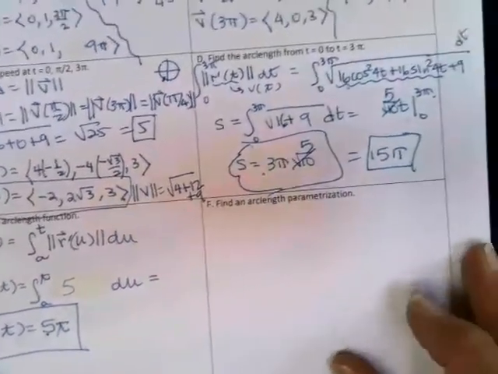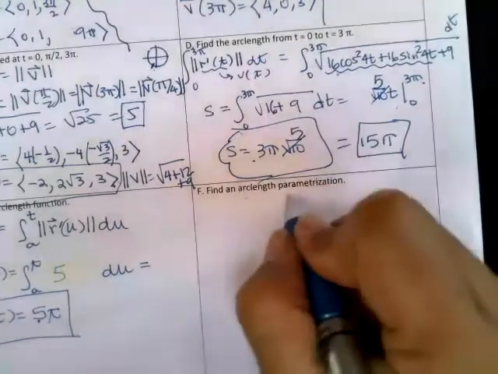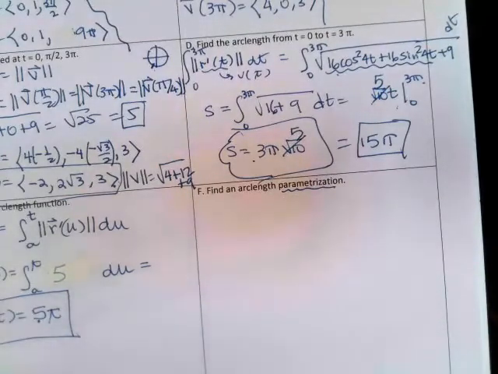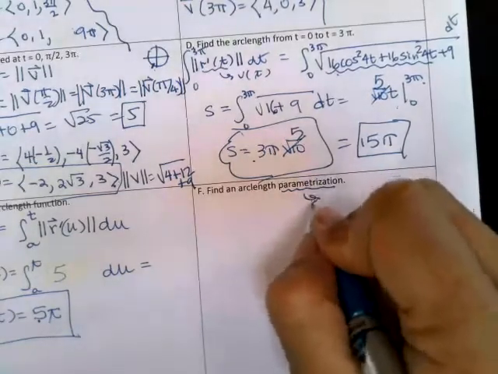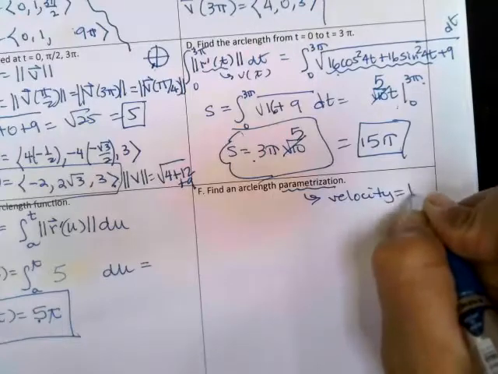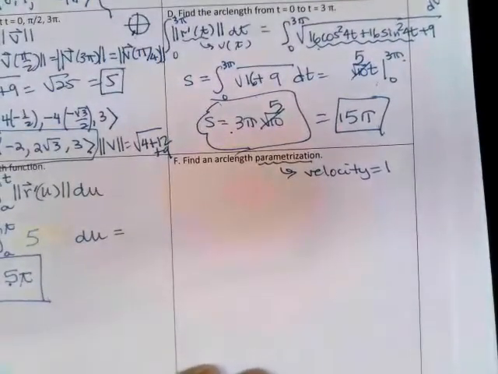And lastly, finding that arc length parameterization. This is a specific parameterization of r so that your velocity is a constant 1. So velocity always equals 1.